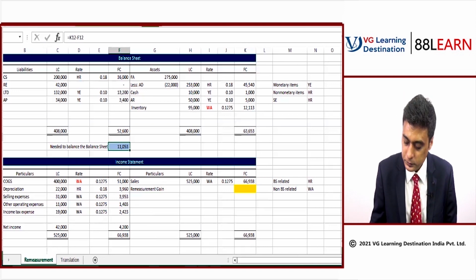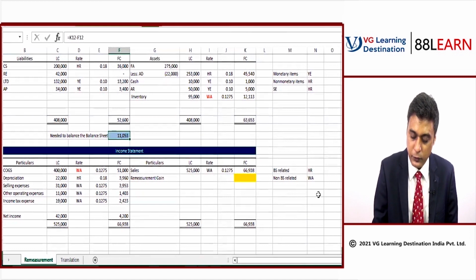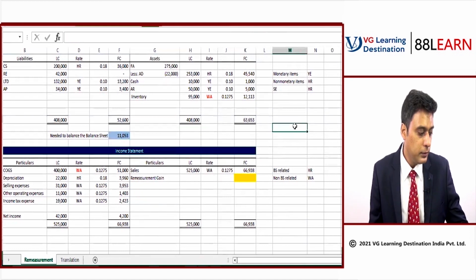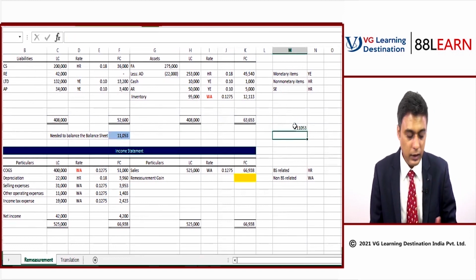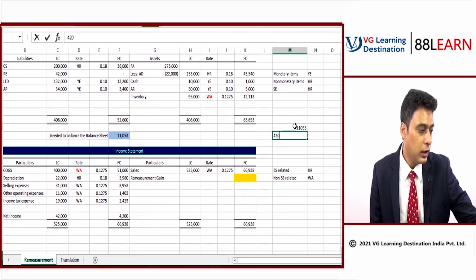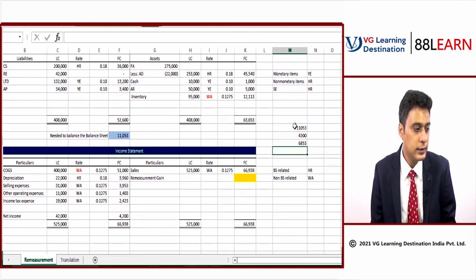That means, let's quickly do it over here. If we need 11,053 to make the balance sheet balance, and our net income is coming to 4,200, that means we further need 11,053 minus 4,200, which is 6,853.